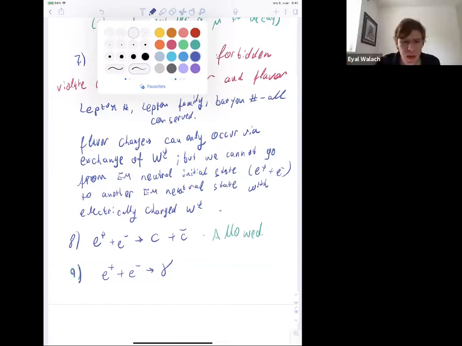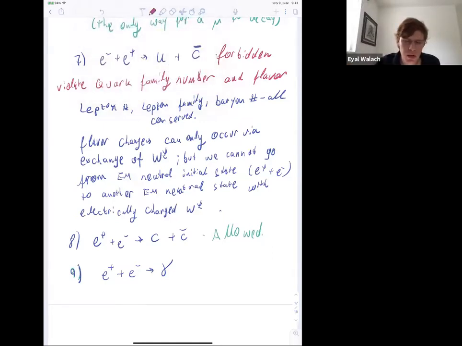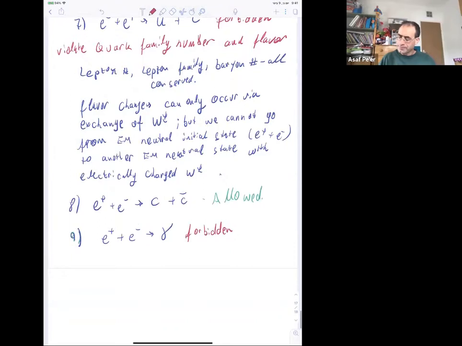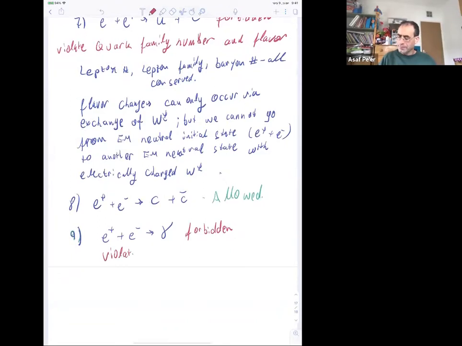Because in the center of mass system, the photon would have to be static, which can't happen, because it violates energy-momentum conservation.